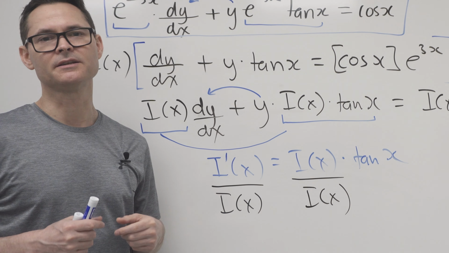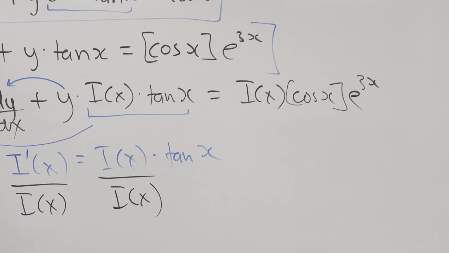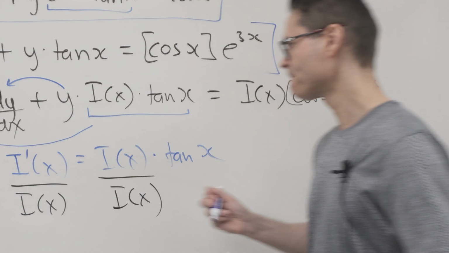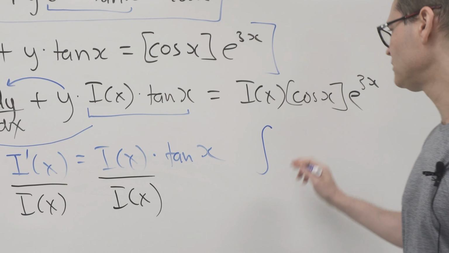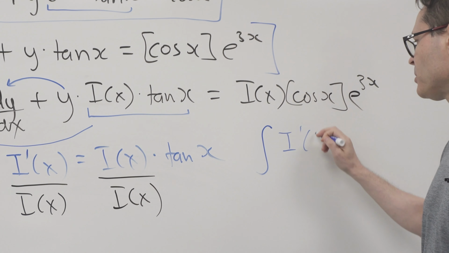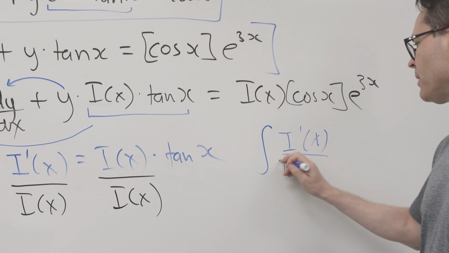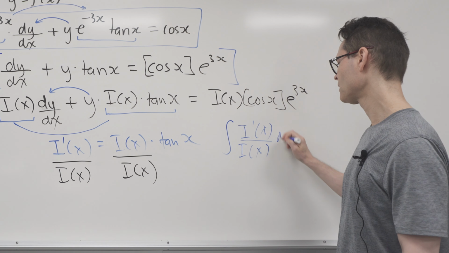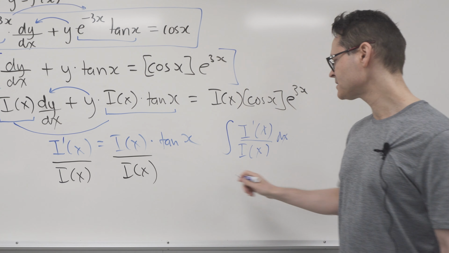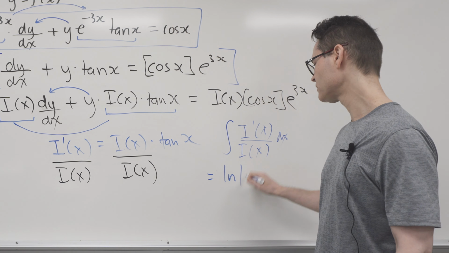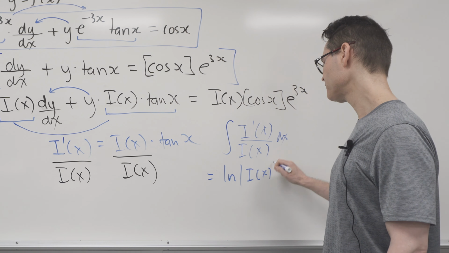So in other words, if I was to integrate I prime over I dx, well, that's equal to the ln of I(x).